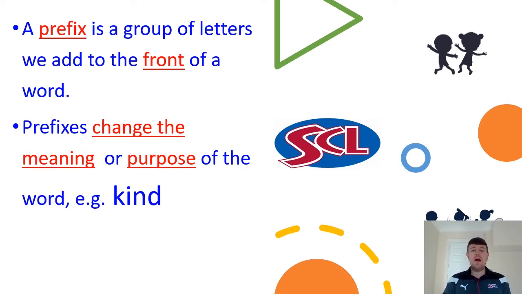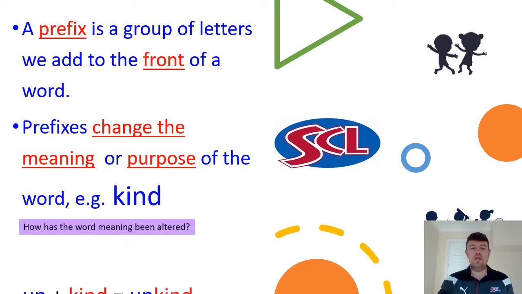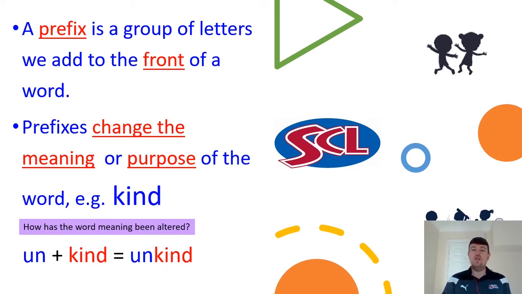So if you look at my example here, if we take the word kind. Now, kind is a nice word. If you're kind, you're helpful, you're caring. But we can change the meaning of that word by adding the prefix un.